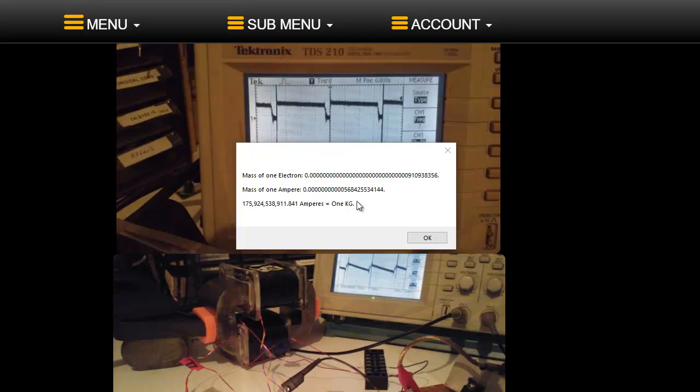Now to get 1 kilogram, if we consider electrons as the source of charge, the source of current, then we end up with 175 billion, 924,538,911.841 amperes as the equivalent of 1 kg of mass.